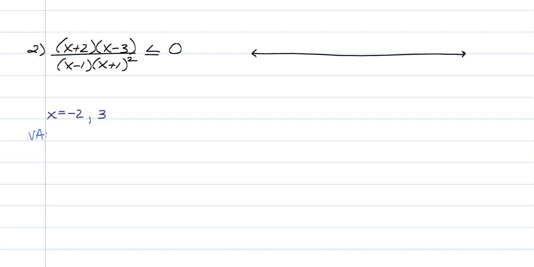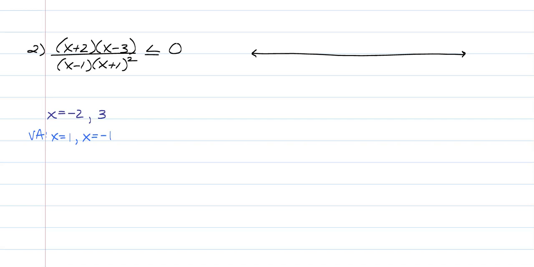We're going to have x equals 1, and we're going to have x equals negative 1. Now remember from the steps I said above, since vertical asymptotes don't take place in terms of, shall we say, an actual solution, those will always be an open circle.